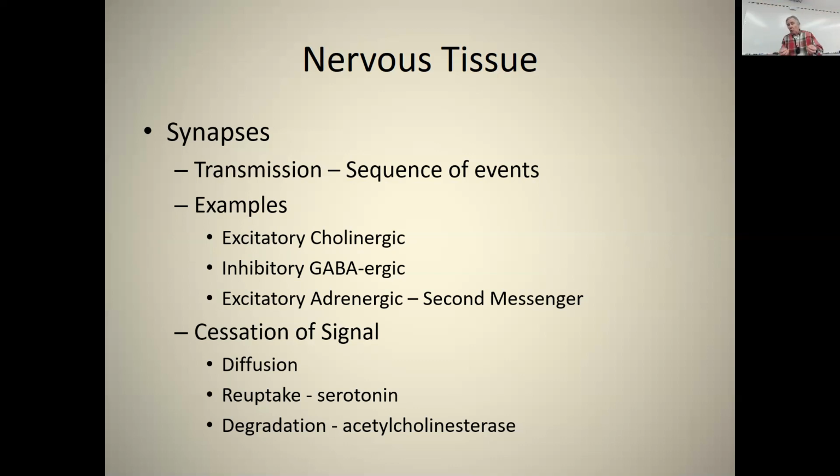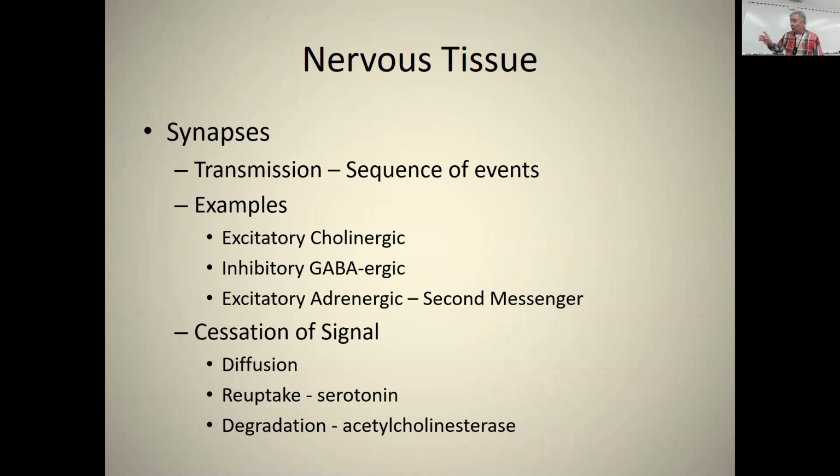Sometimes it's reuptake. That is, the neurotransmitter is taken back up by the presynaptic cell and reused. Serotonin is one like that. That's another biogenic amine. And then sometimes it's degraded, it's broken down.